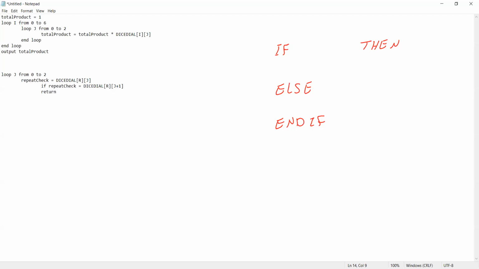If not, just end the loops and rethink about it again. End loop, excellent. Okay.